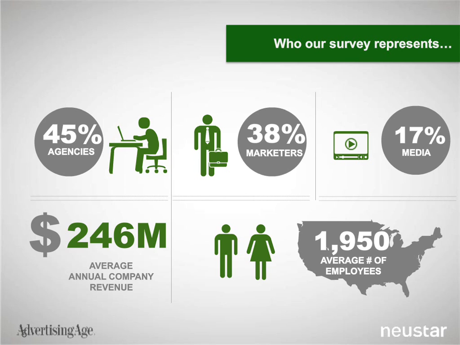So you'll see it was a well-rounded group coming from different backgrounds. And then 17% represented media companies, which includes magazine, newspaper, digital, TV, and radio. From an average annual company revenue standpoint, those represented include revenues of $246 million with average employees of 1,950.